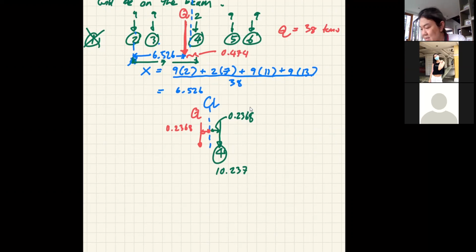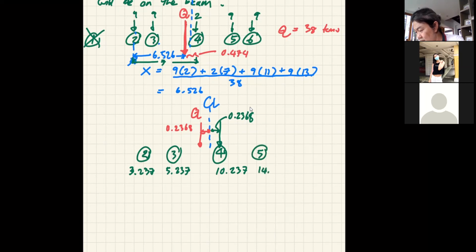So now I can place load number 3. 3 is 5 meters away from 4, so it becomes 5.237. And then load number 2 is 2 more less, 3.237. Right, and then we have load number 5, which is 4 meters away from load number 4.